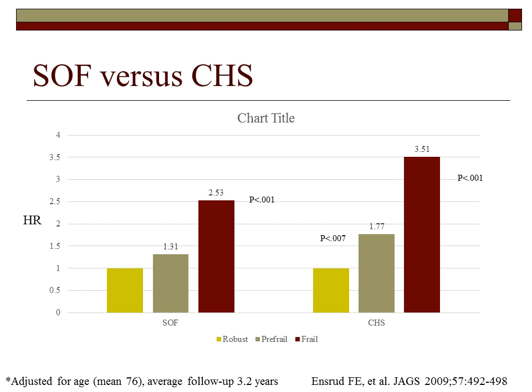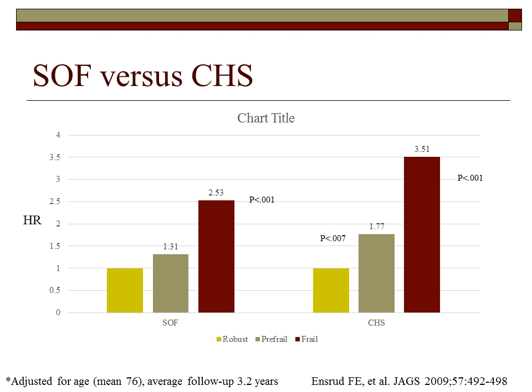And you can see that using the study of osteoporotic fracture scale, there was about a 2.5 times increased risk of dying over that 3.2 years, whereas the cardiovascular health study scale showed the population to have a 3.5 times risk, and both of these were statistically significant.